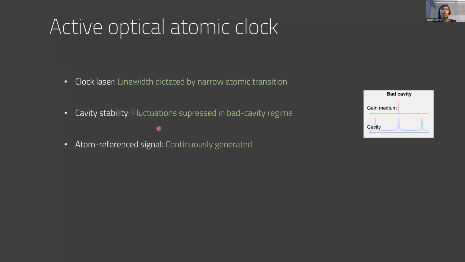The cavity stability fluctuations can be suppressed quite a bit by going to this bad cavity regime that I already talked about. And finally, this atom reference signal is no longer something that's bandwidth limited, but it's continuously generated. So you actually have very, very good temporal resolution if you want to use this system as a quantum sensor.